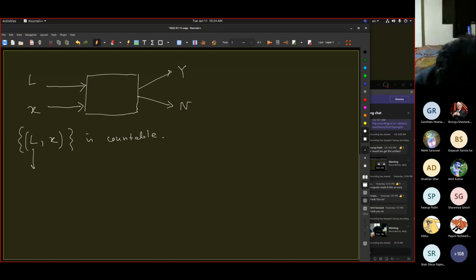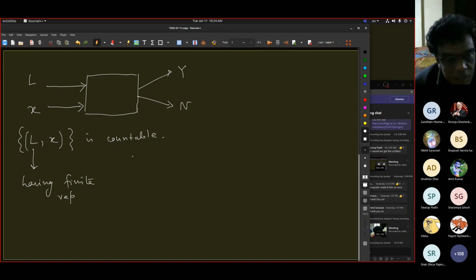L is something having finite representation. So this kind of machines can be only countably infinite in number. Yes or no? Yes, sir.